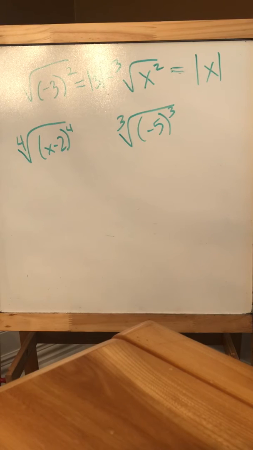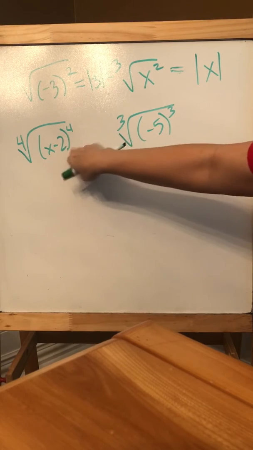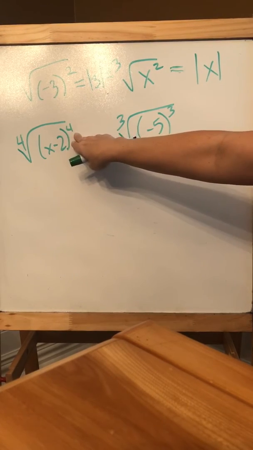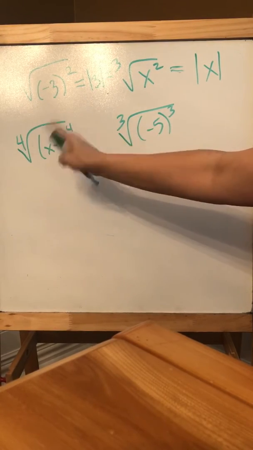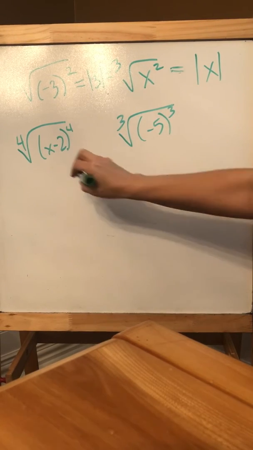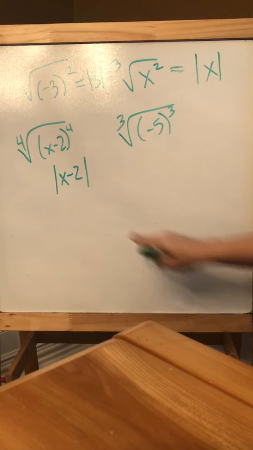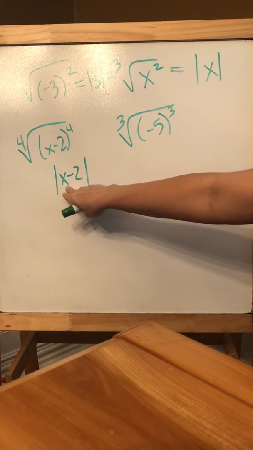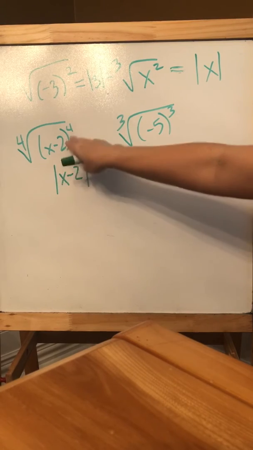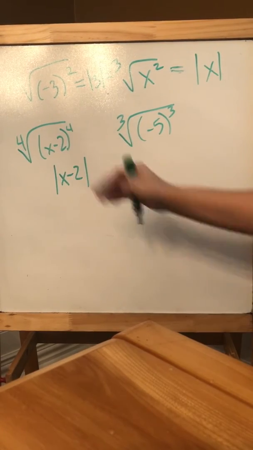Okay, on C, we're taking the fourth root of x minus 2 to the fourth. So these are just going to cancel out, and we're just going to be left with the absolute value of x minus 2. Again, because we don't know if this value is positive or negative, and this is an even root, so it could be either one.